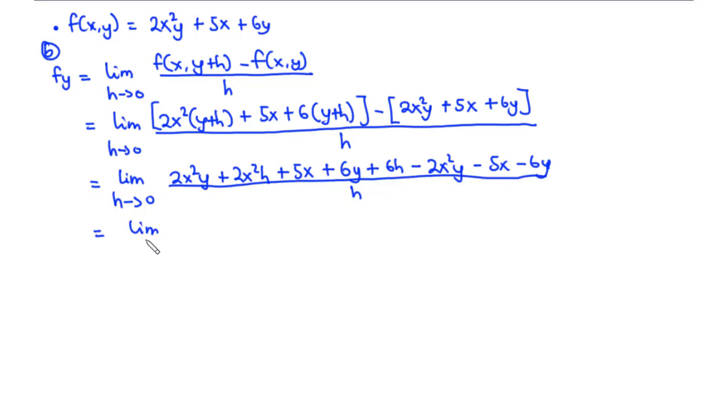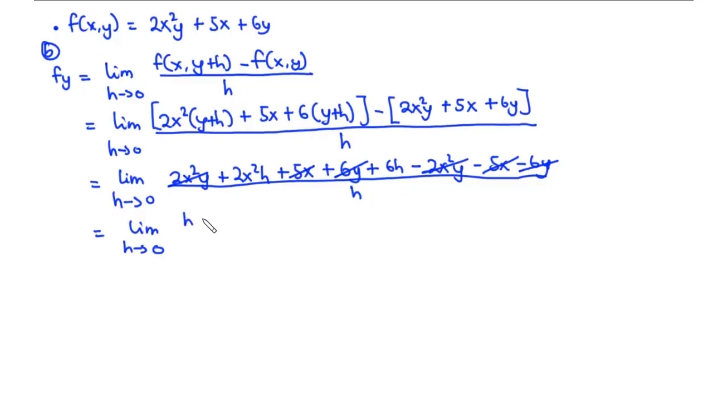So this is equal to the limit as h approaches 0. This cancels out that, this also cancels out that, and this also cancels out that. So we are left with 2x squared h plus 6h.